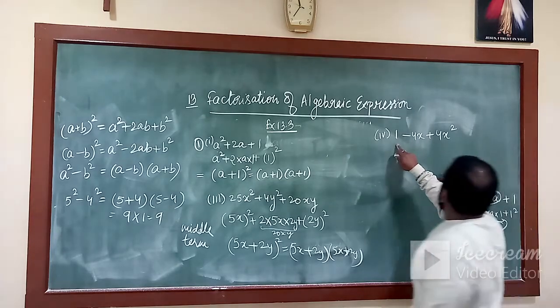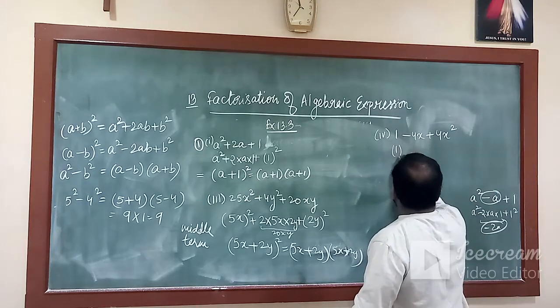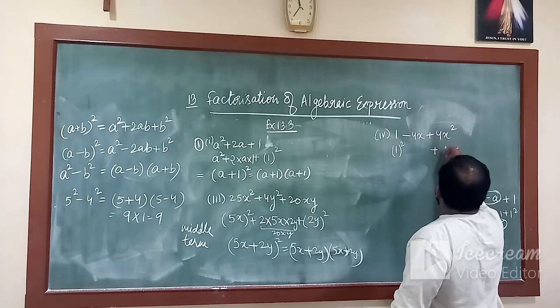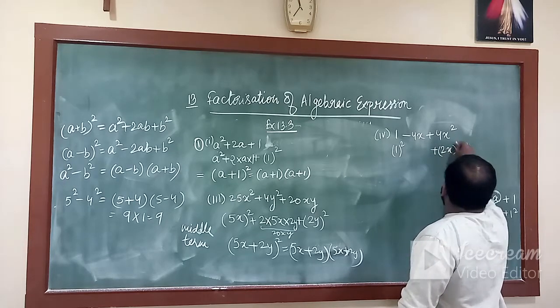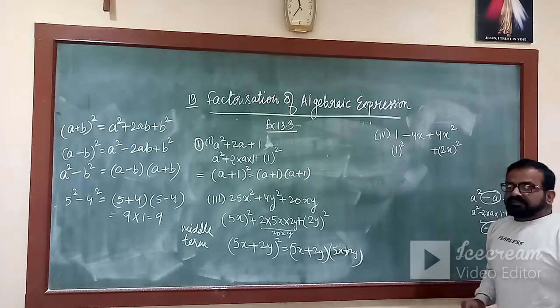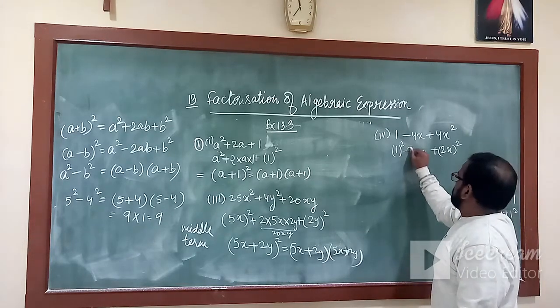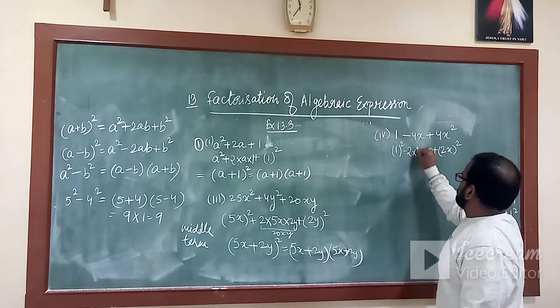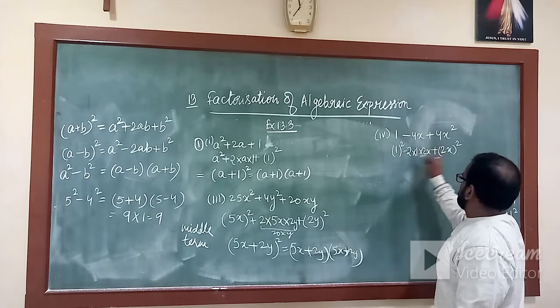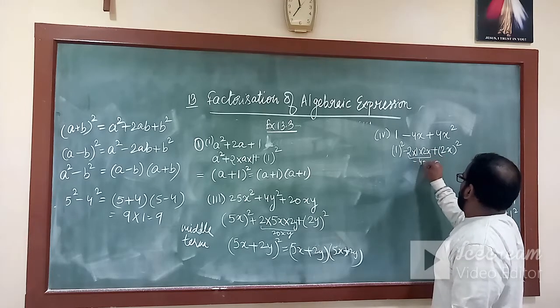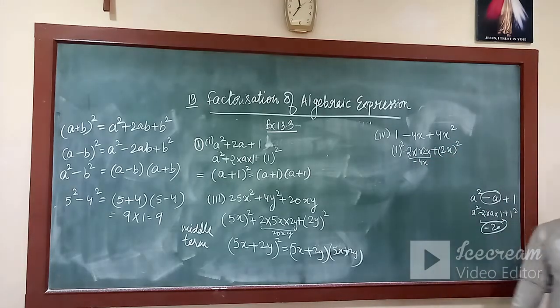Next is this one. So this one we can write 1 square, then this we can write 2x square. Now here is the minus sign, so I will write minus 2 into 1 into 2x, and what actually it becomes, minus 4x.